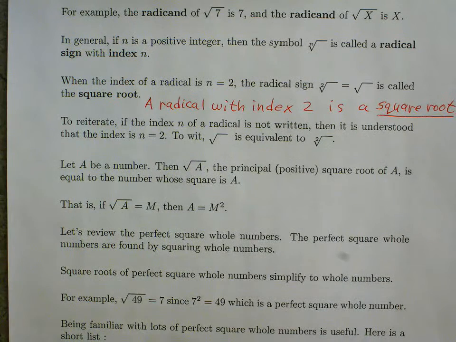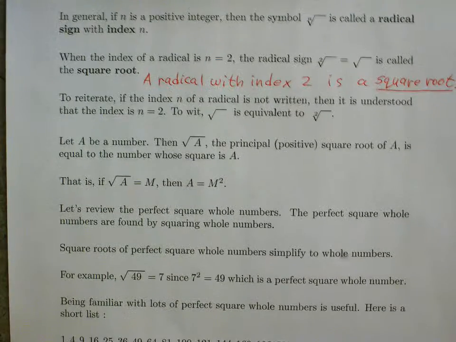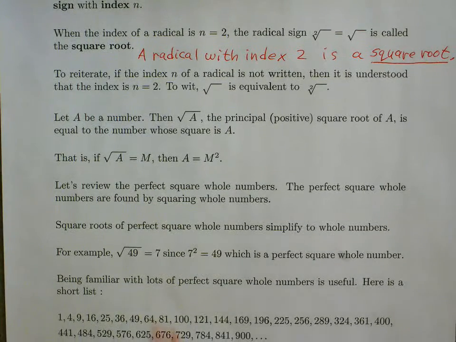Okay, if you are familiar with perfect square whole numbers, that will be very useful. So let's review the perfect square whole numbers. The perfect square whole numbers are found by squaring whole numbers. Square roots of perfect square whole numbers simplify to whole numbers. Here's an example.